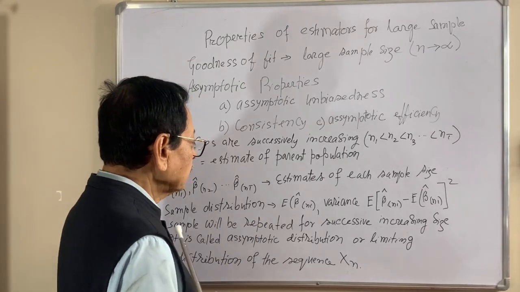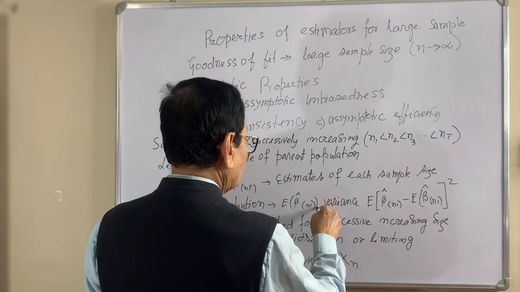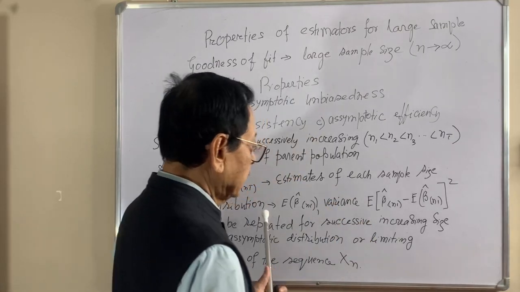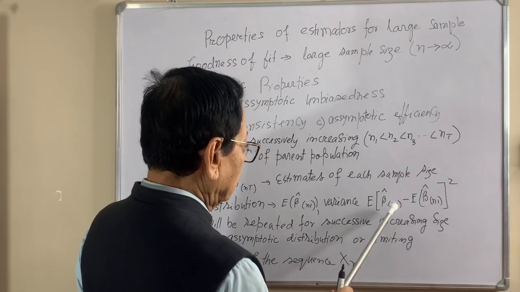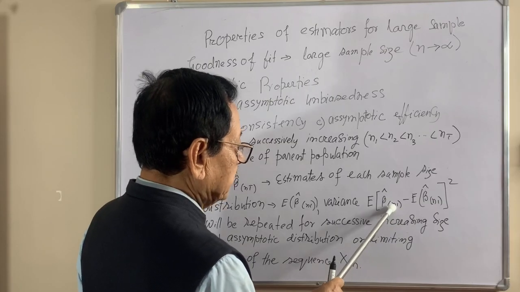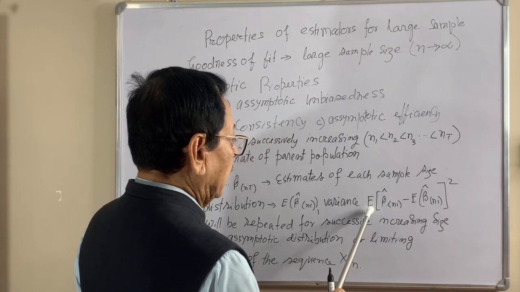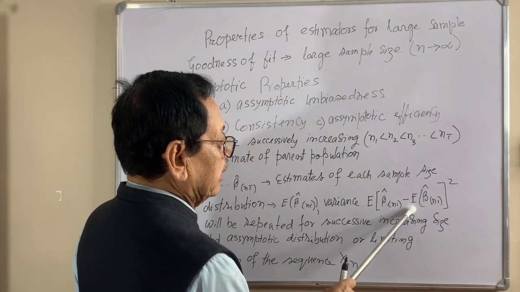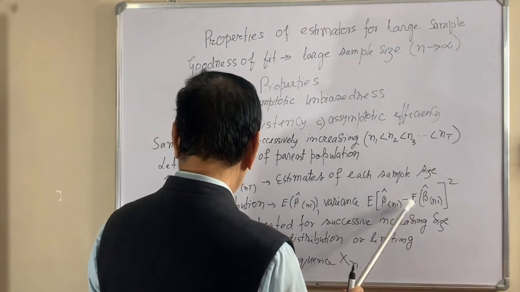and the variance is the expected value of estimated beta minus expected beta, the whole thing squared. So the expectation of the squared difference is the variance.